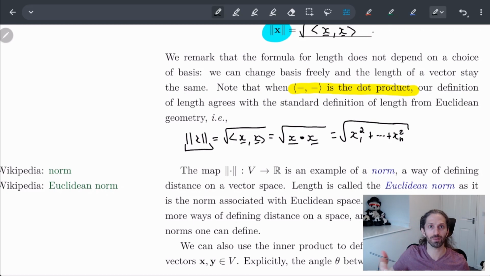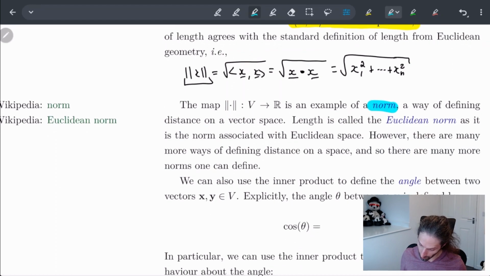So we need a name for it, and we're going to call it the norm, because in some sense we're normalizing the vector to some value, and that normalization is giving us the length. So this is called the norm, and it's a way of defining distance on a vector space. Length itself is then called the Euclidean norm, since it's the norm associated to Euclidean space.